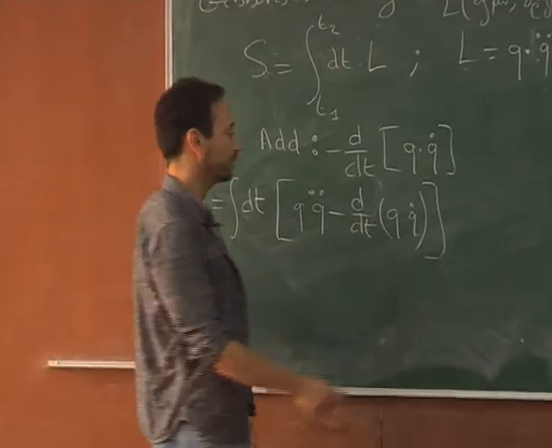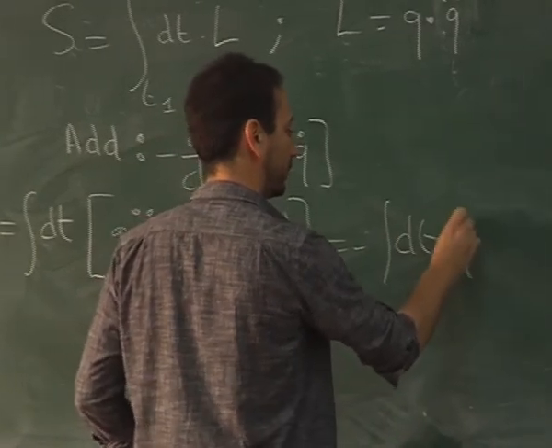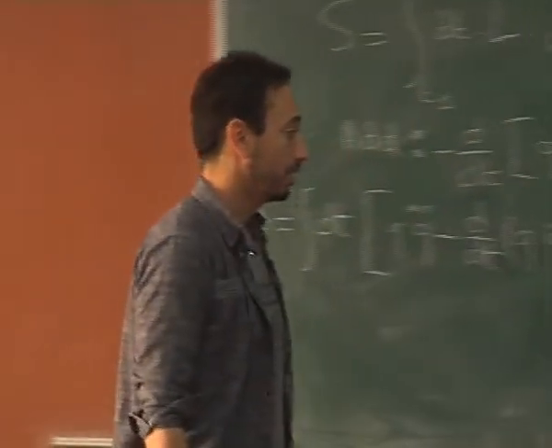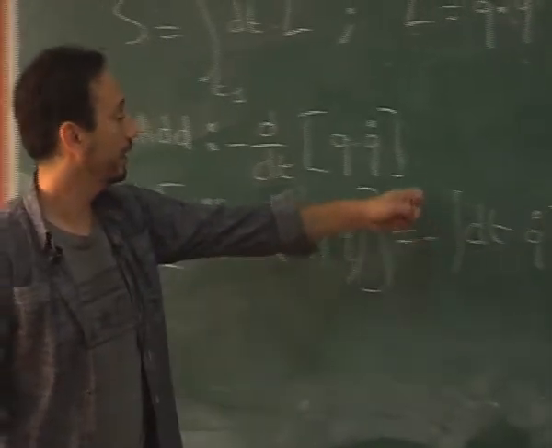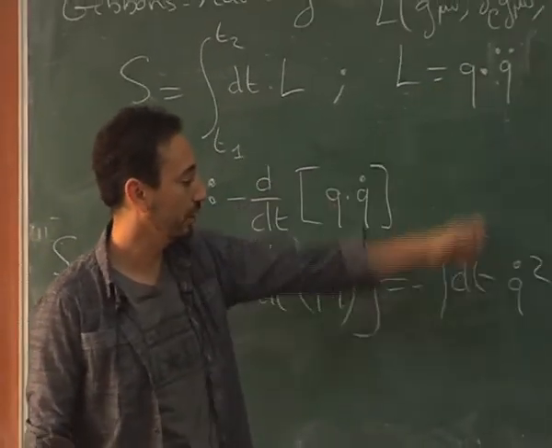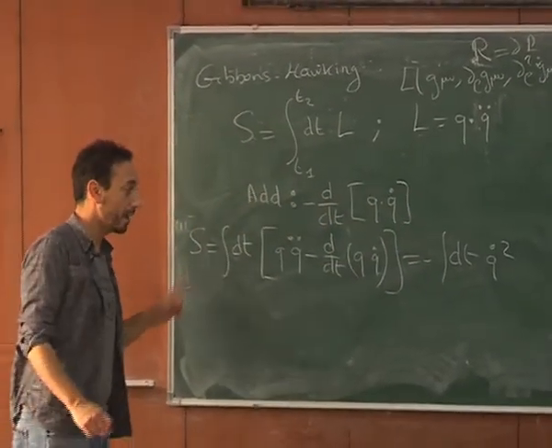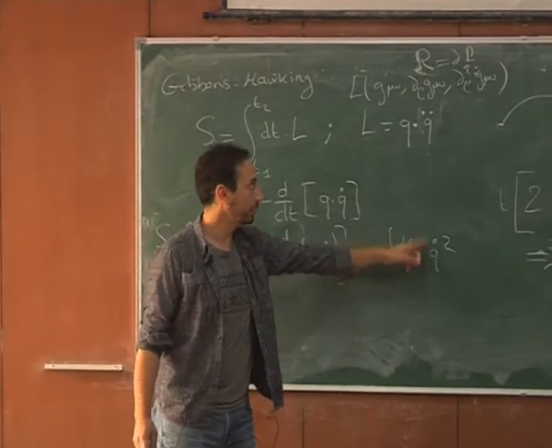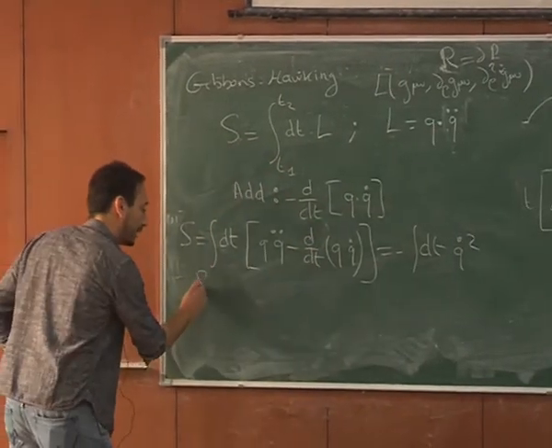So I have just minus q dot squared. Okay, so what I'm saying is that this action is exactly equivalent to this one. There is just a boundary term between them. But now, with this one, I don't have any more second derivatives. So I know that the action will be well defined.